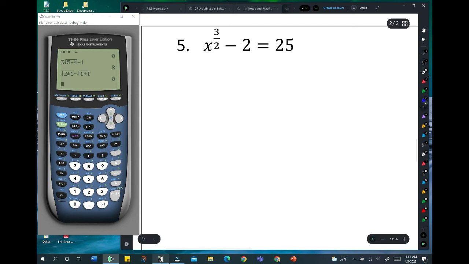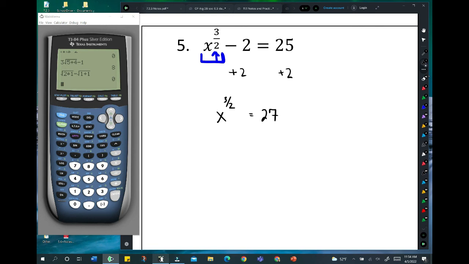So this time you need to isolate the fractional exponent, because really that's a radical. So we are going to add 2 to both sides. Add 2, add 2. We would have x to the 3 halves is equal to 27. Now, to undo this radical, we're actually going to raise to its reciprocal.